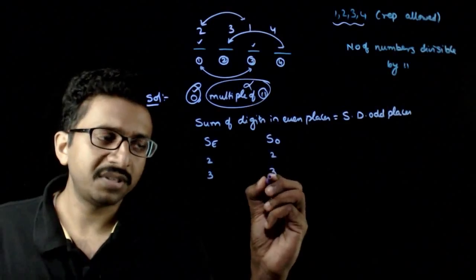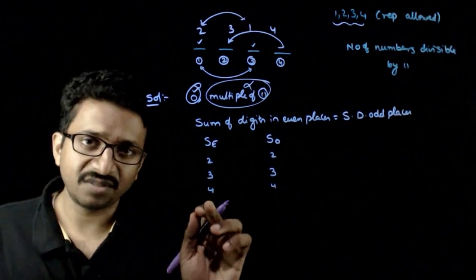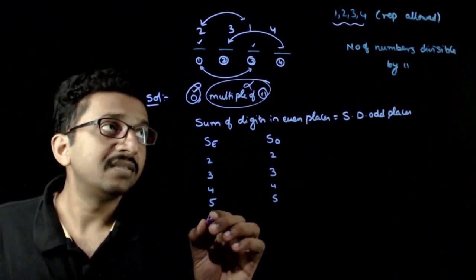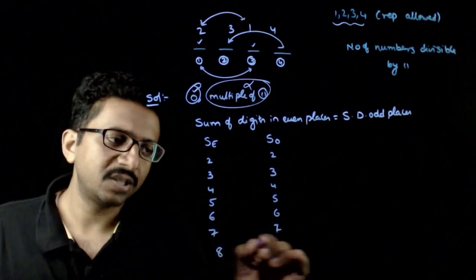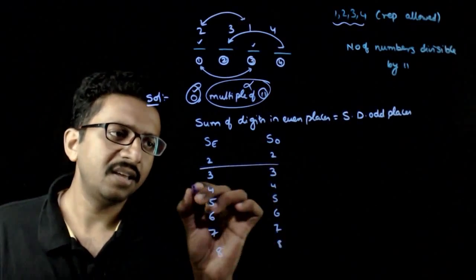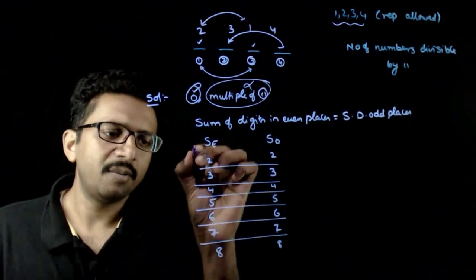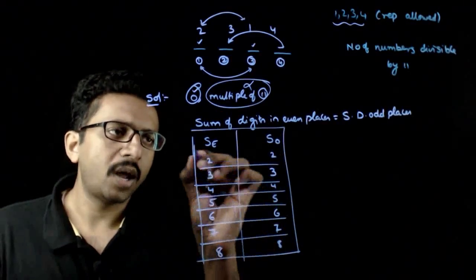If that is so, the sum in the odd places has to be 3. 4 is possible, so if this is 4, this has to be 4. 5 is possible, 5. 6 is possible, 6. 7 is possible, 7. 8 is possible, 8. These are the possible sums of 2 digits when you use these numbers 1, 2, 3 and 4.